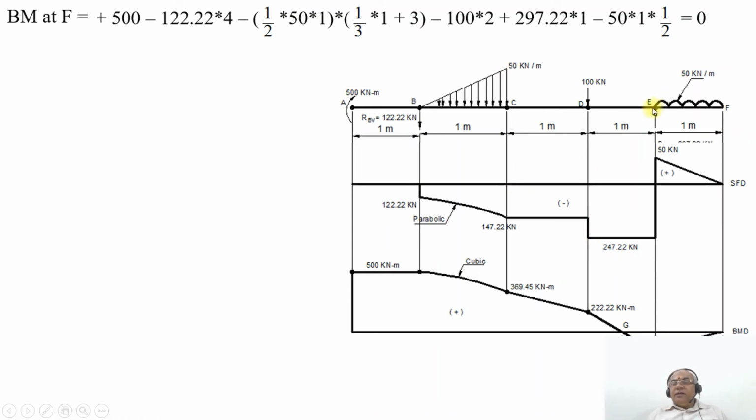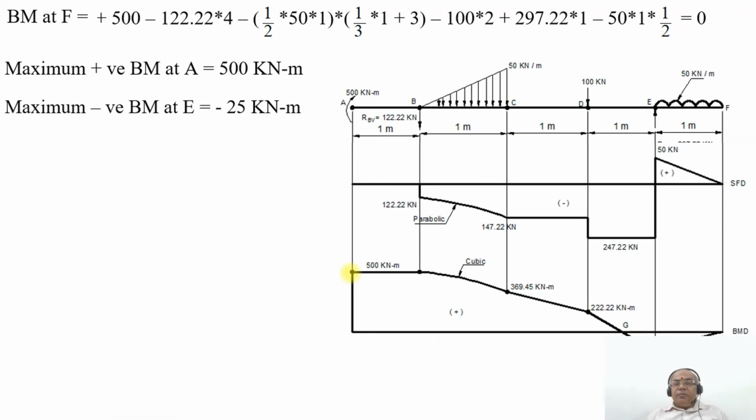Since between E and F it is a UDL, it will be a parabolic curve. The maximum positive bending moment is at the point A, 500 kilonewton meter, and the maximum negative bending moment is at the point E, minus 25 kilonewton meter.